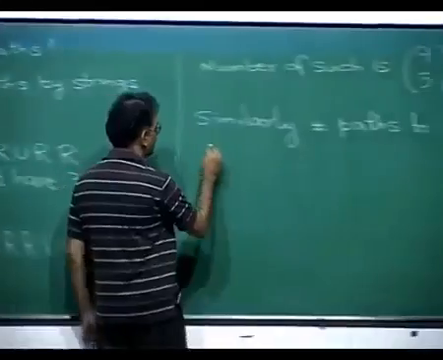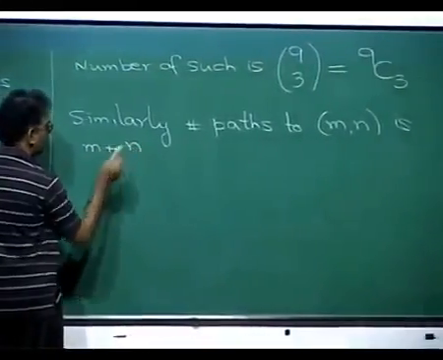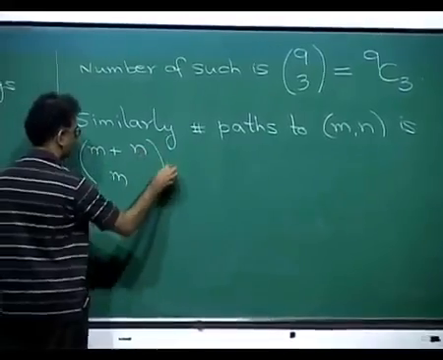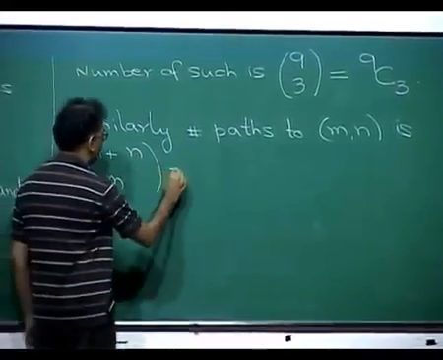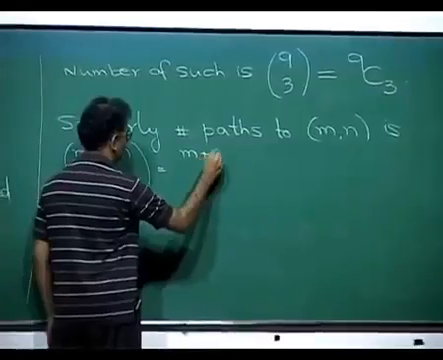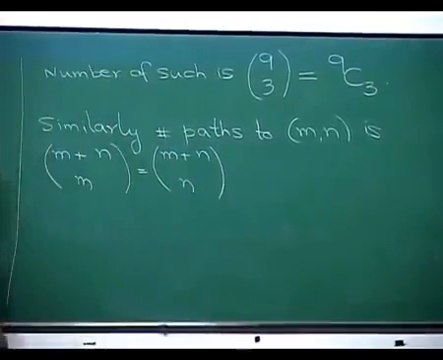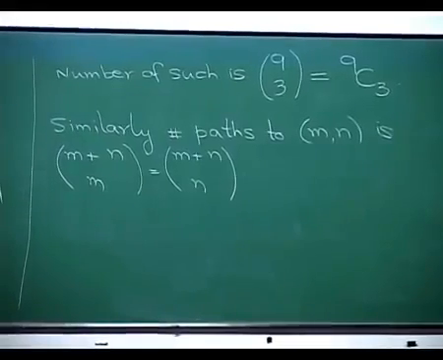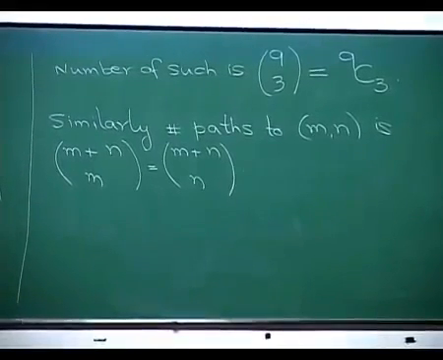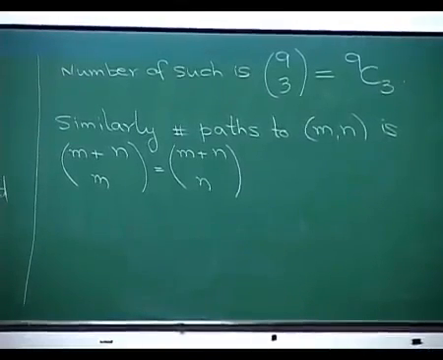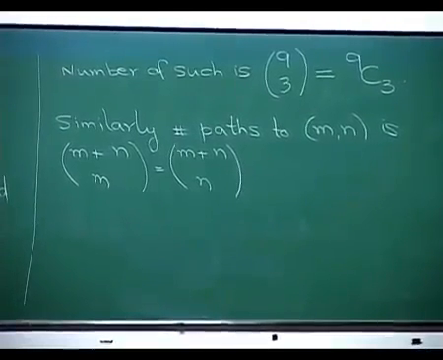So it is M plus N choose N, which is also of course M plus N choose M. So this is the number of paths from (0, 0) to any point (M, N) where M and N are non-negative. That is, the point has to be in the first quadrant.